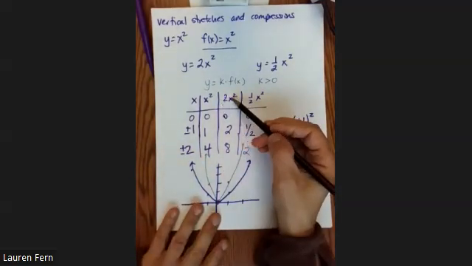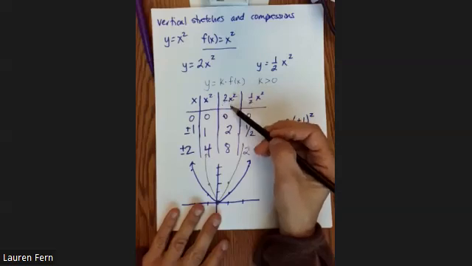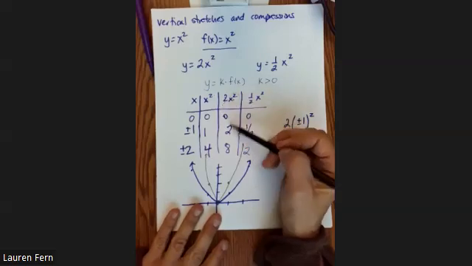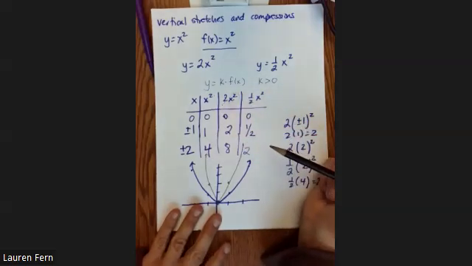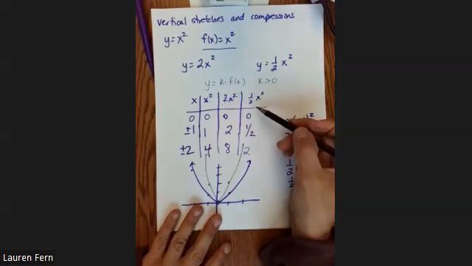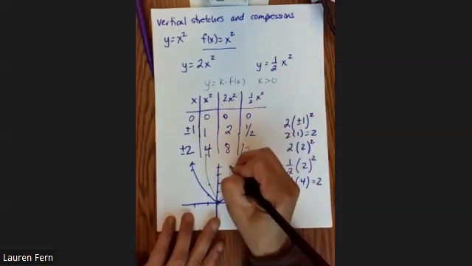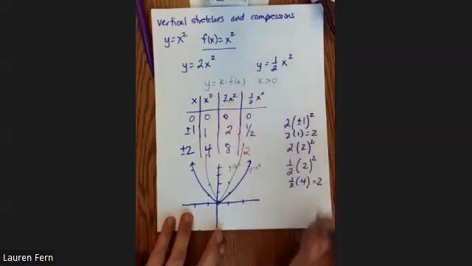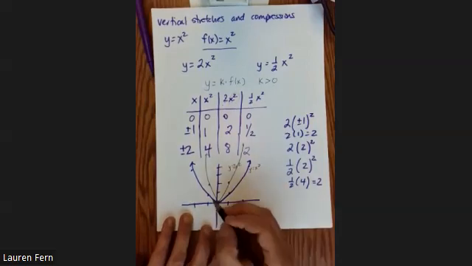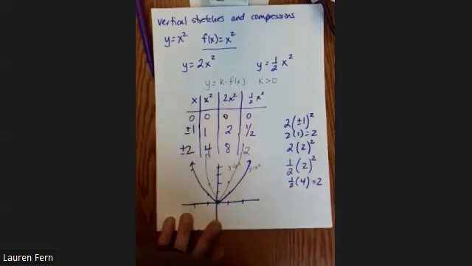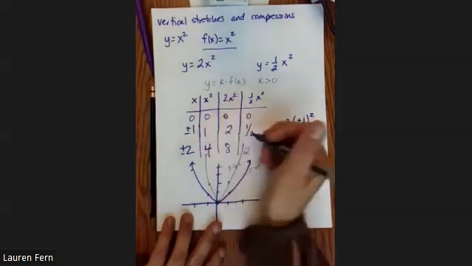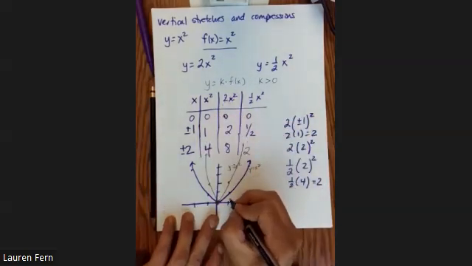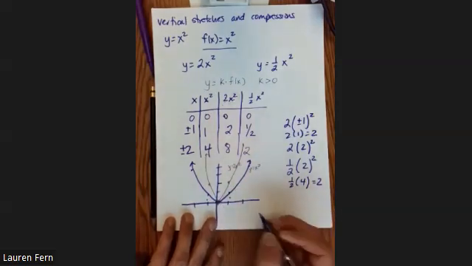But really, didn't we take each function value f of x and multiply it by 2? So what do you suppose is going to happen right here with 1/2 x squared? Well, we got 0, 0. If I plug in positive or negative 1, instead of being at 1 originally, now I'm at half that.